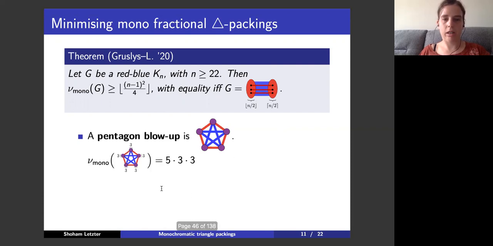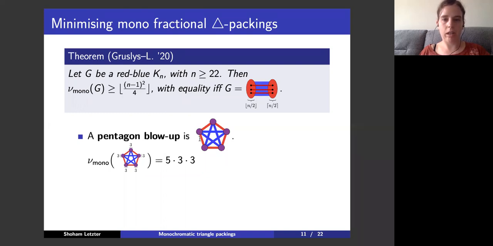Now if I look at the specific pentagon blow-up where the blobs have size 3, I claim this is the packing number. This comes from noticing that every monochromatic triangle has to have at least one edge in a blob.